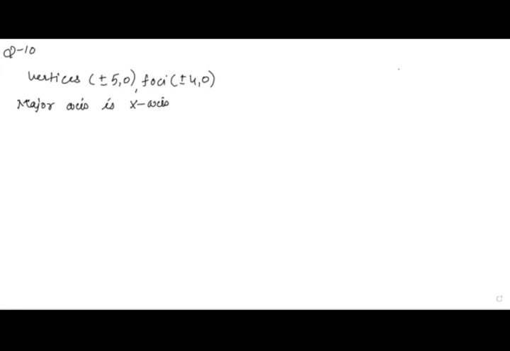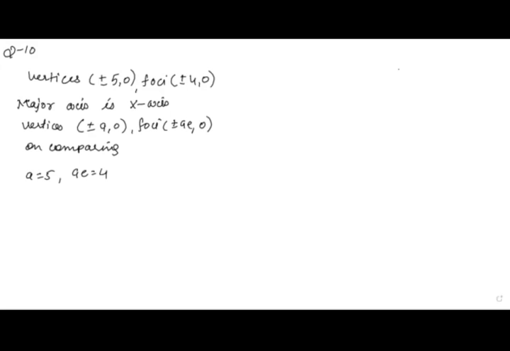So I know that when my major axis is x-axis, vertices are plus minus a comma 0, and my foci are plus minus ae comma 0. So on comparing, I will get the value of a as 5, whereas ae as 4.